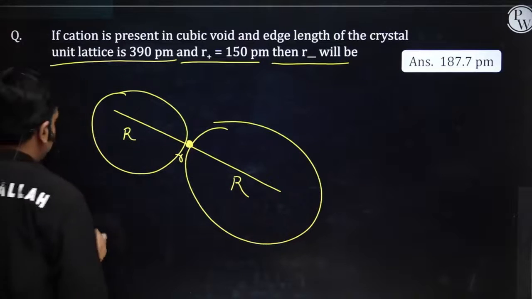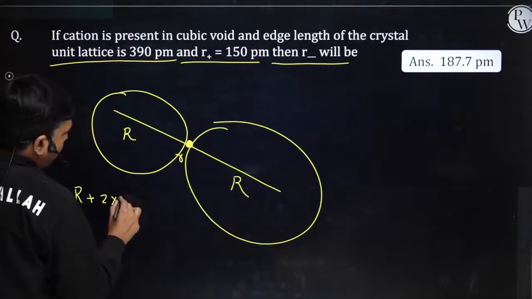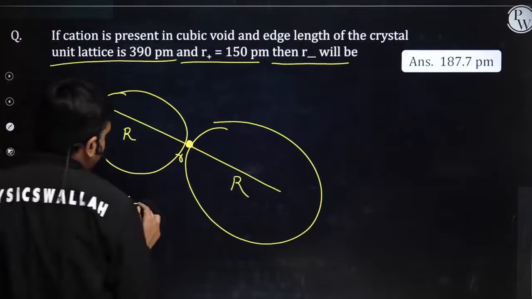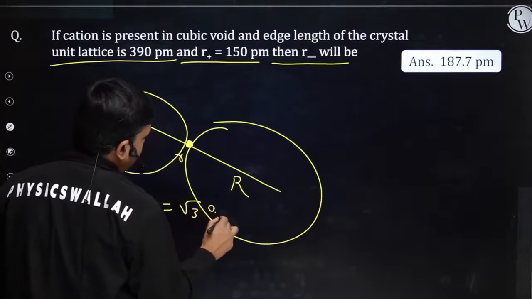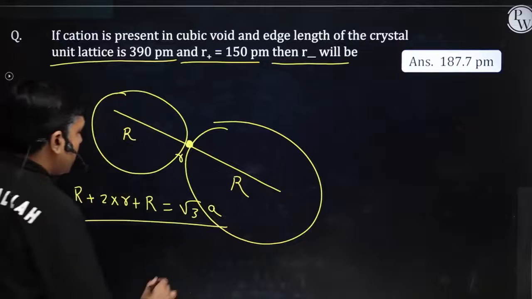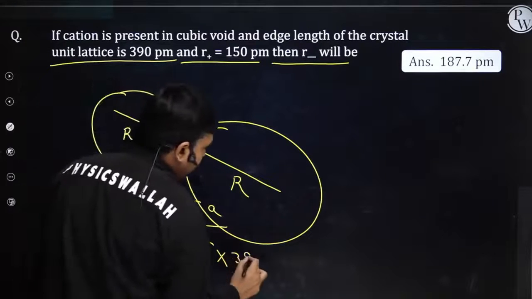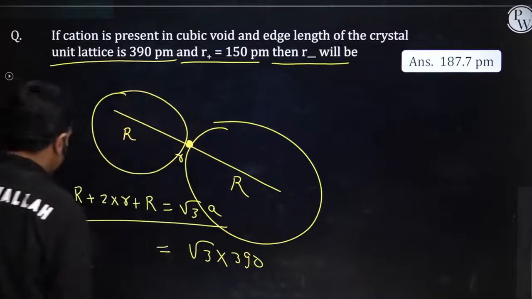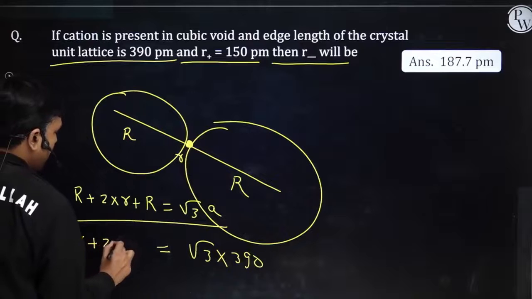Now can I say 2 into radius of cation plus 2 into R- equals root 3 a, right? Students, edge length is given, and it's how much? 390 picometer. So root 3 into a value, that is 390, equals 2R+ plus 2R-.